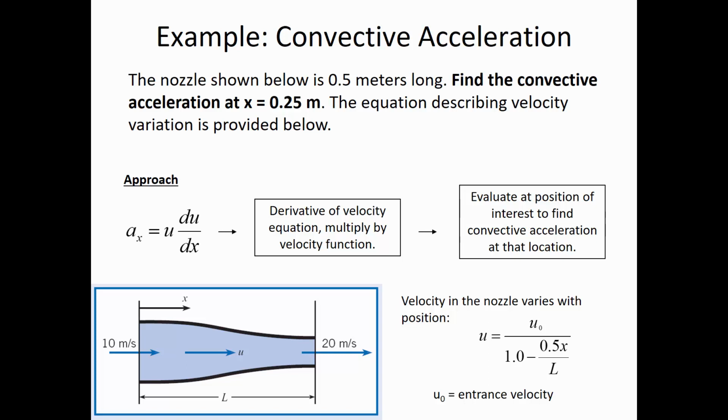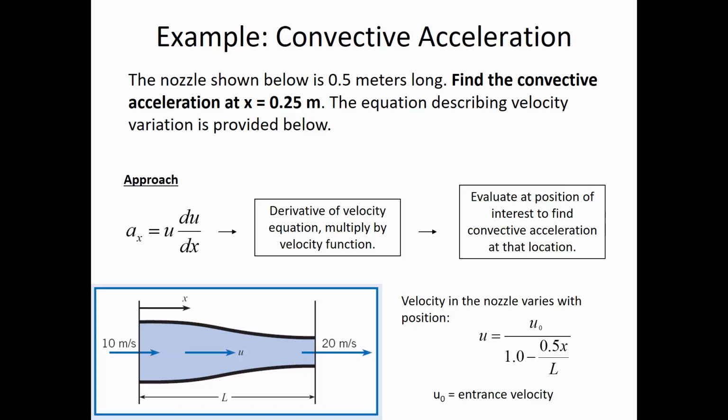And the chain rule says that du dx is du dm times dm dx. By m, we can assign the denominator of our velocity equation to be m.